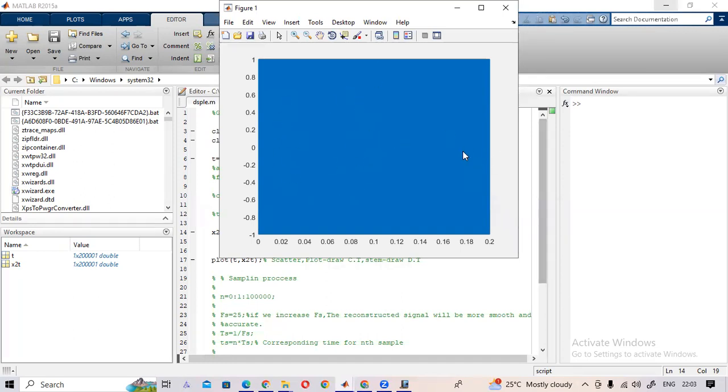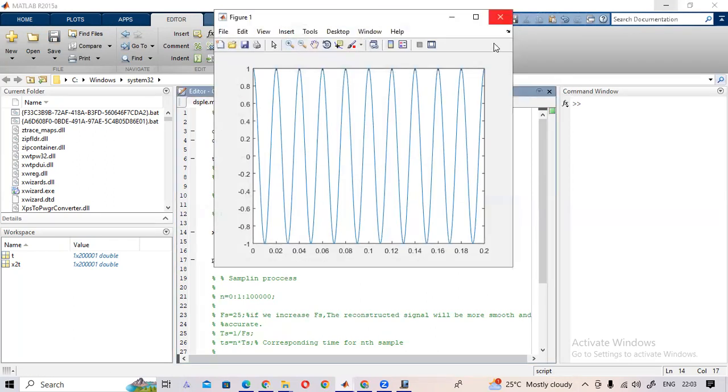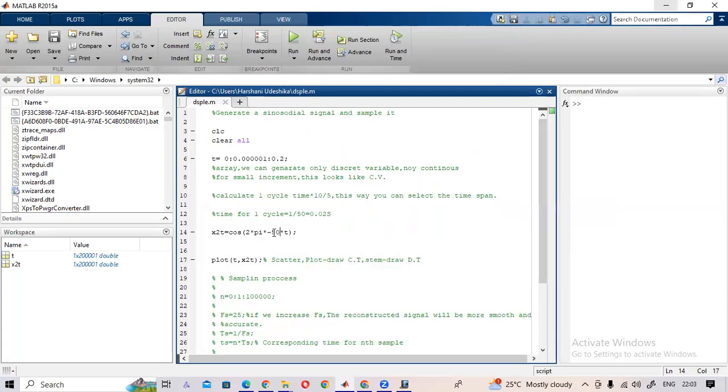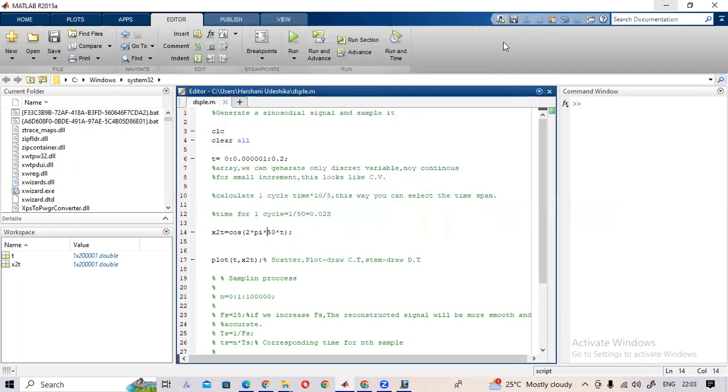In the same way, you can increase the signal in the minus direction or plus direction. When you are increasing the frequency, the one cycle time, that means the period, will be low. So you can get different signals.